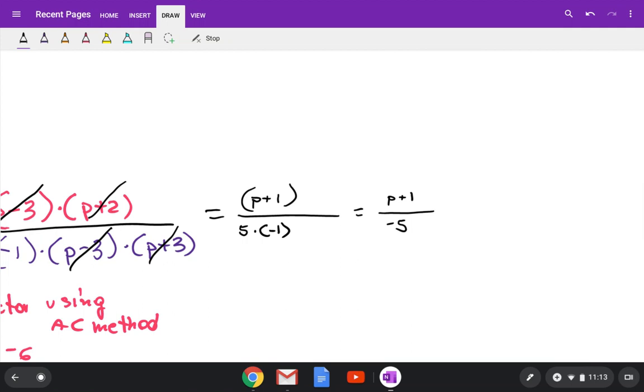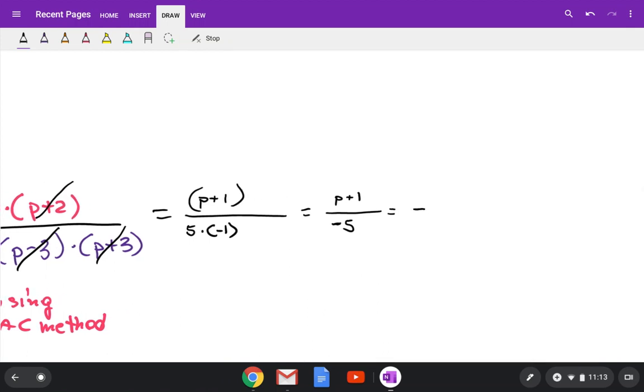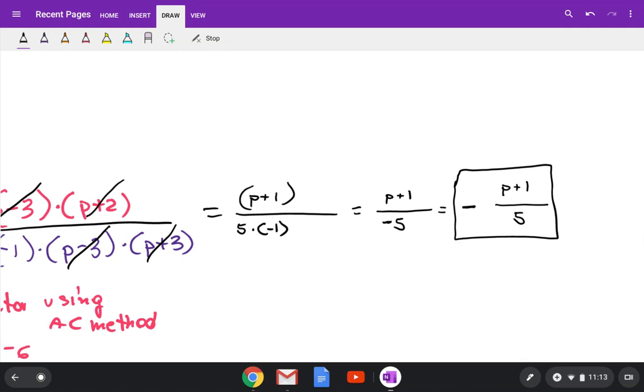I don't have any issue with that, but usually when there's a negative in the denominator, what they do is take that negative from the denominator and put it in the middle of the fraction. And you just rewrite that as p plus 1 over 5. This is the answer which you will see most often. Again, there is no issue with p plus 1 divided by -5, but this is something we see more often in mathematics.